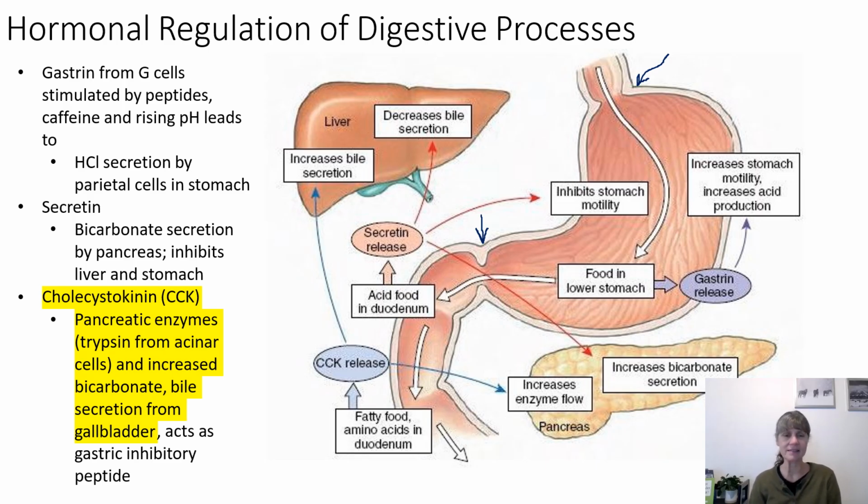So the pancreatic enzymes also include the enzyme trypsin from the acinar cells, as well as, we mentioned before, that bicarbonate, which will help to increase the pH in the duodenum. And the cholecystokinin will cause bile secretion from the gallbladder, and that bile secretion from the gallbladder will help to emulsify the fatty foods that are present in the duodenum.